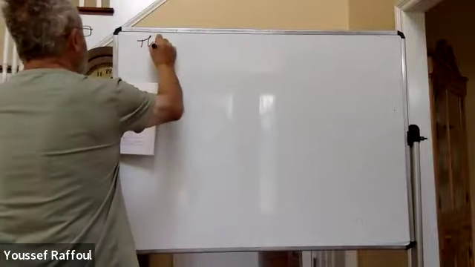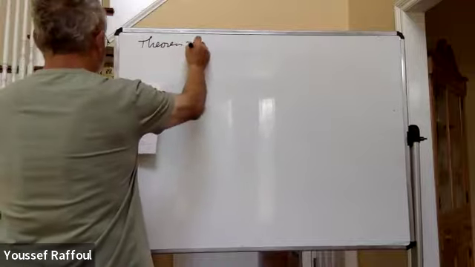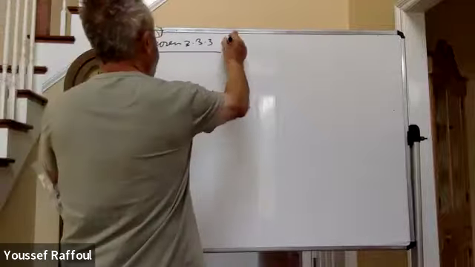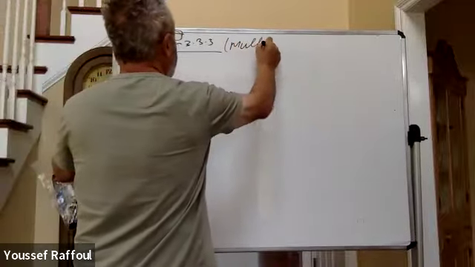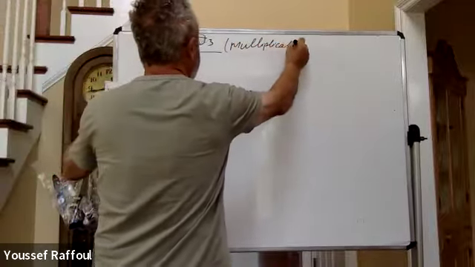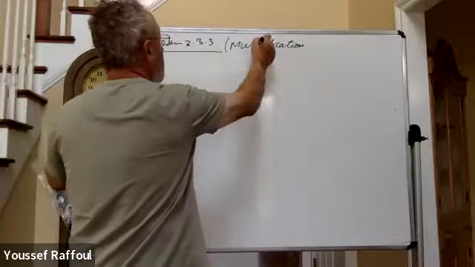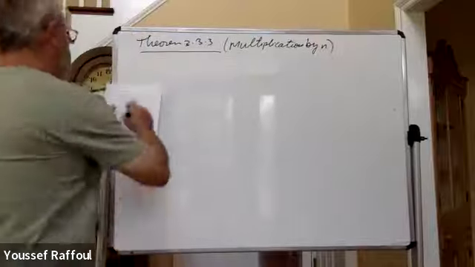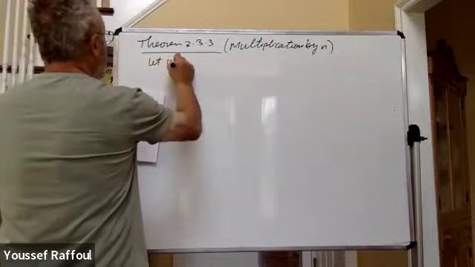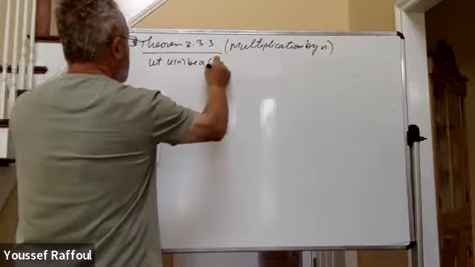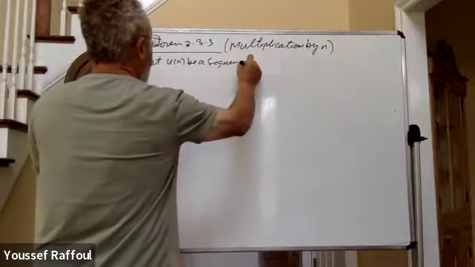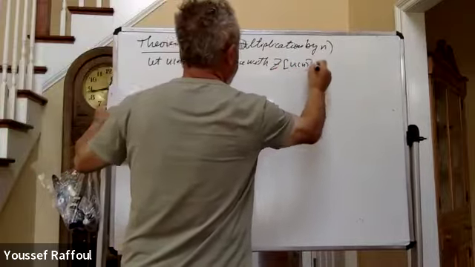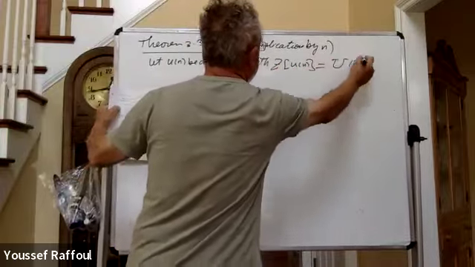Okay, this is Theorem 3.3.3, multiplication by n. Let u_n be a sequence with Z of u_n equal to U(z).